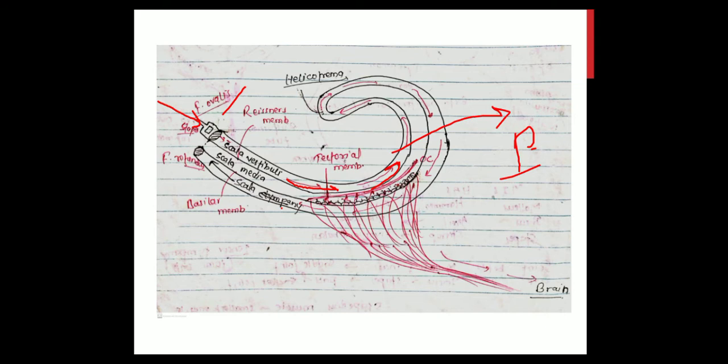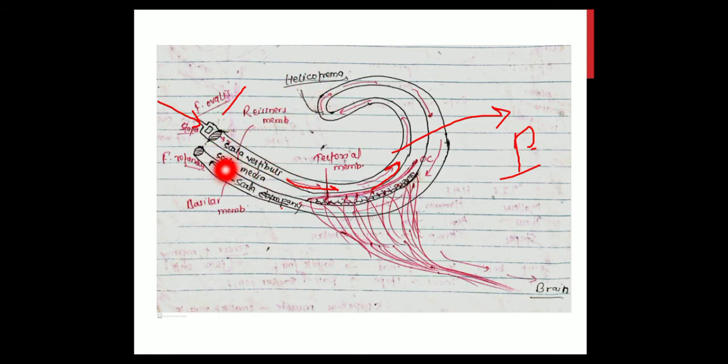Now, here you can see the cells of the organ of Corti, which extends along the length of the scala media. The sound vibration passes to the perilymph, the fluid in the scala vestibuli, and then through Reissner's membrane the vibrations move to the scala media.